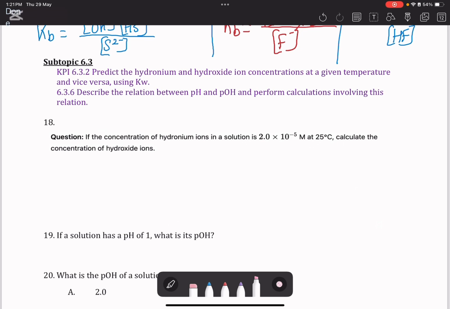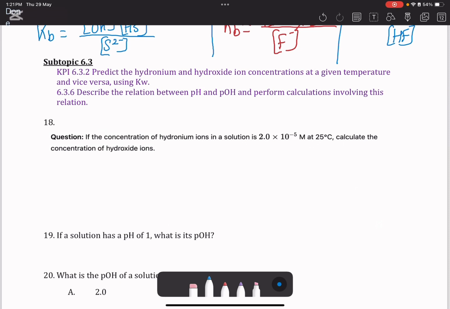Moving on to the next topic that involves calculations. In the formula sheet that is given to you in the exam, you need to look at the formulas and understand how to use them. So I am going to write these formulas right here.